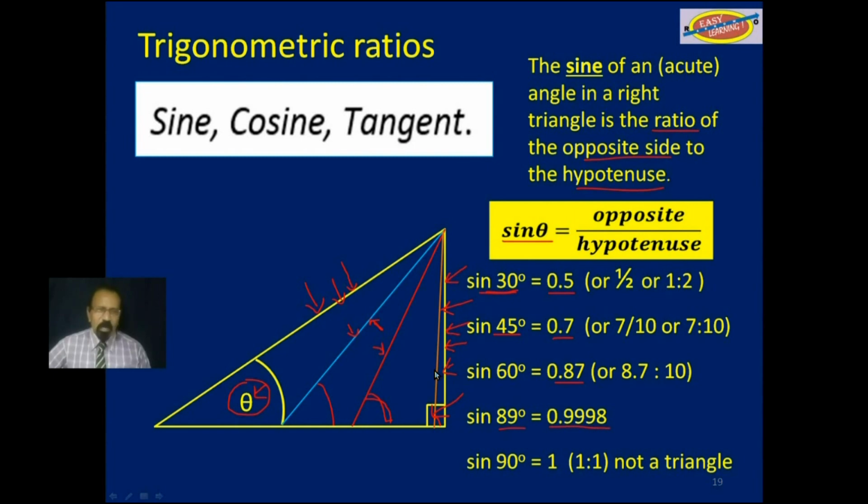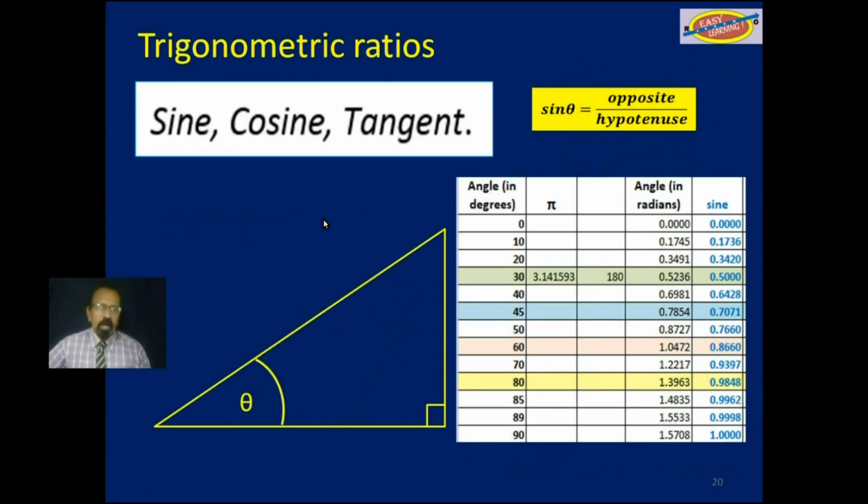And of course, at 90 degrees, you basically have one line merging with the other. So you don't even have a triangle. So in that case, the sine will be 1. That's the sine of an angle, is the ratio of the opposite side to the hypotenuse of a triangle. And the sine is never greater than 1. Here are some values for the sine.